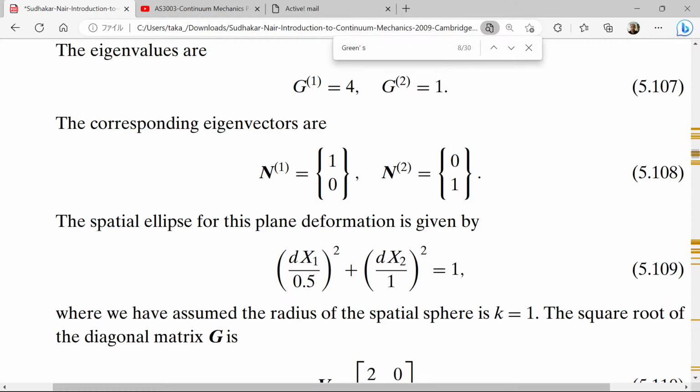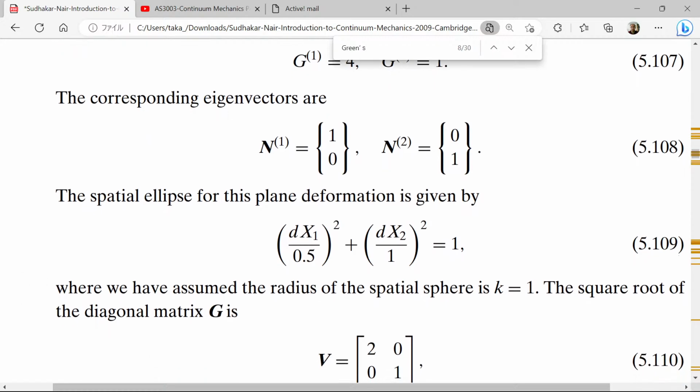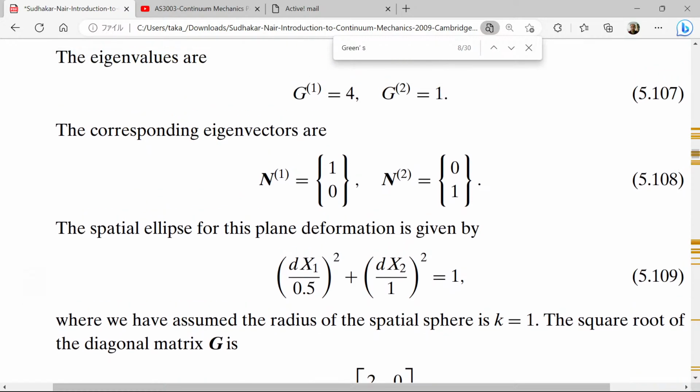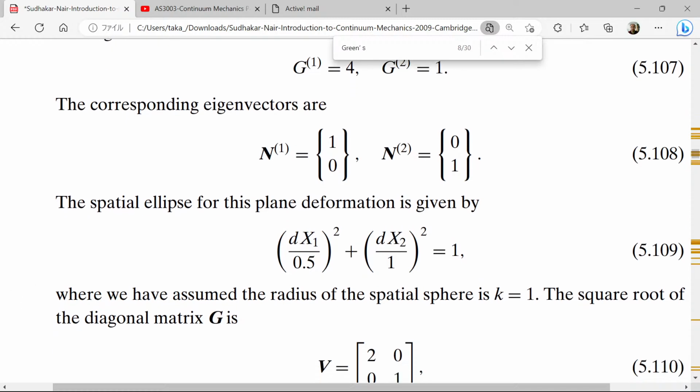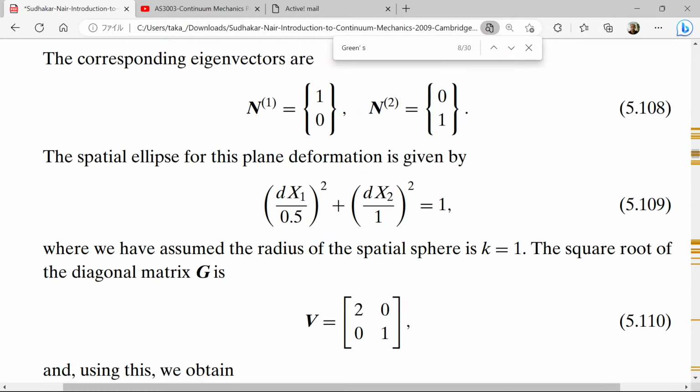The spatial ellipsoid for this plane deformation is given by this, where we have assumed the radius of the spatial sphere k equal 1.